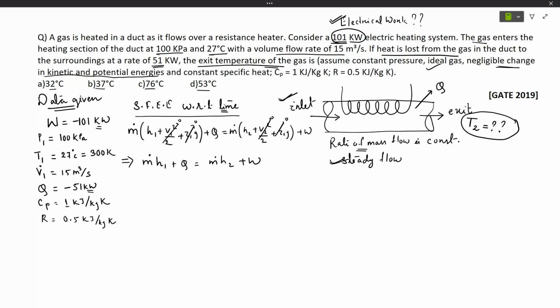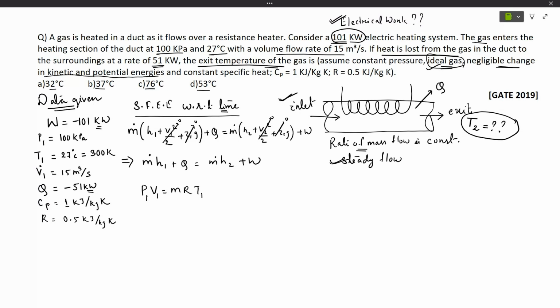So here, the question states that the gas is assumed to be an ideal gas. As the gas is ideal, we use the relation PV equal to mRT. For the inlet section, we consider P1, V1, mass m, R and T1.